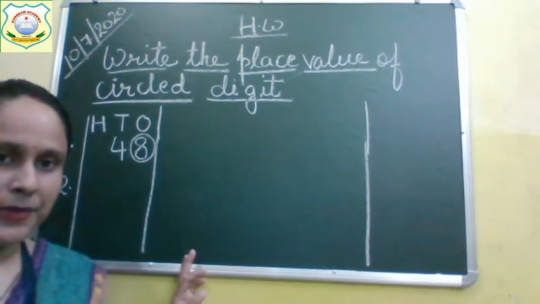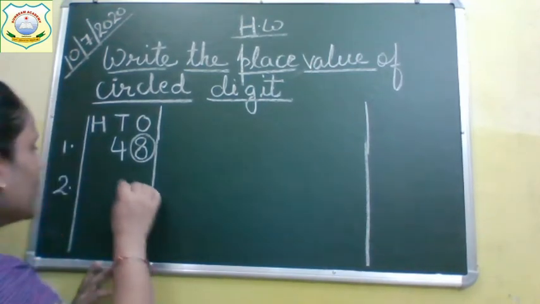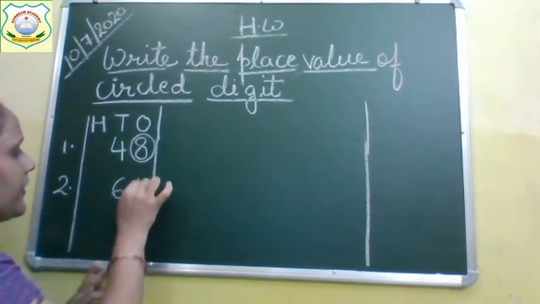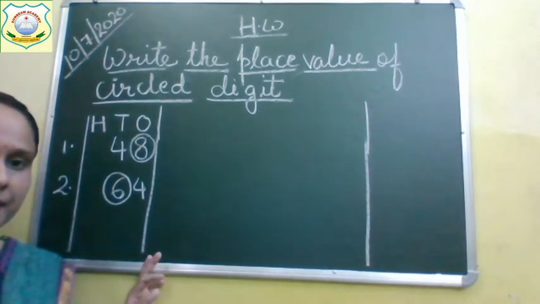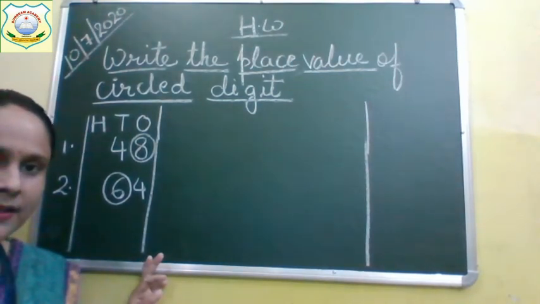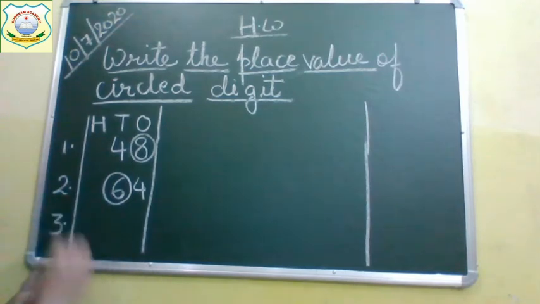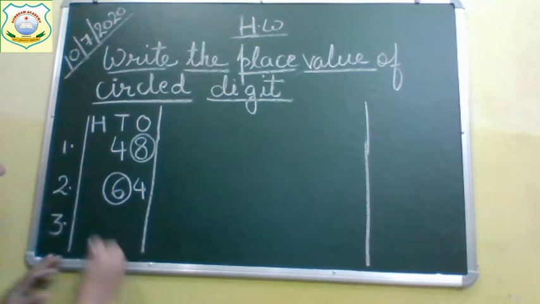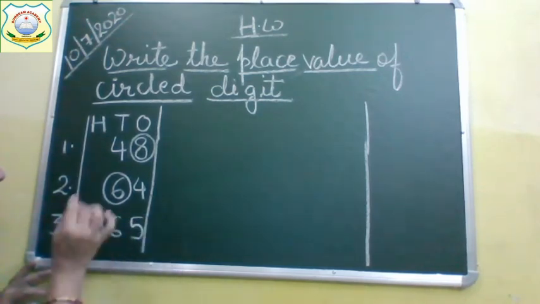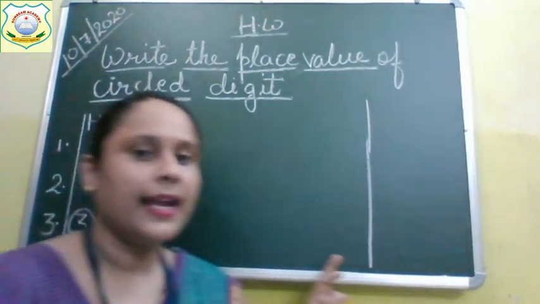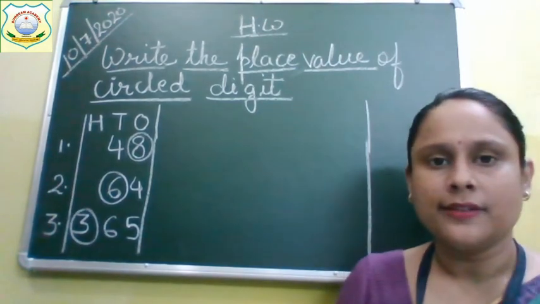In question number 2, your question given is 64, where 6 is the circle number. Written? Now, your third question is 365. Write down third question.